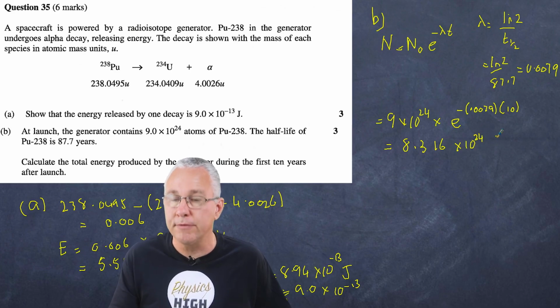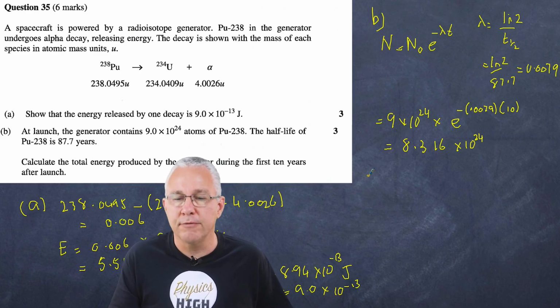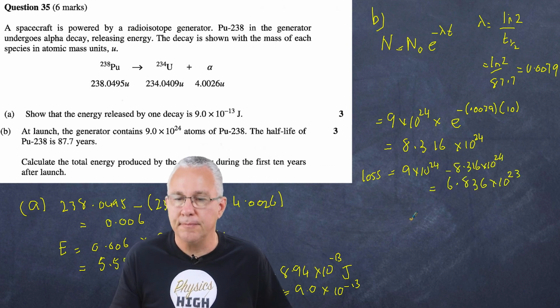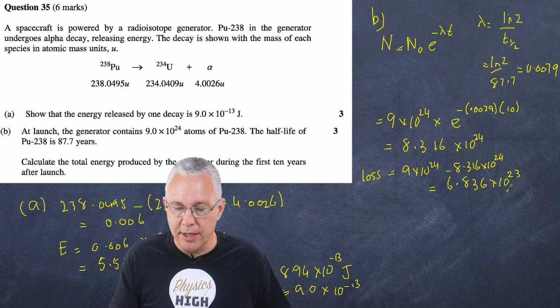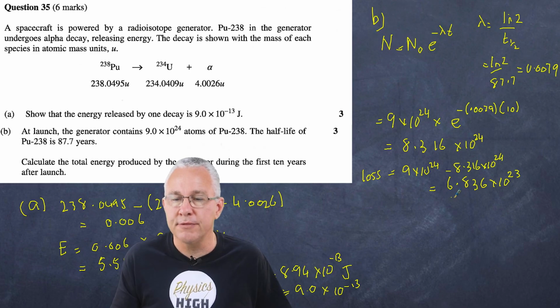Now this is left over, so what we need to do is work out how much we've lost. So the loss is simply the difference between those two, and we get that value. Now we know that that's how much we have lost. Of course, therefore the energy as a result will be this value multiplied by this value.